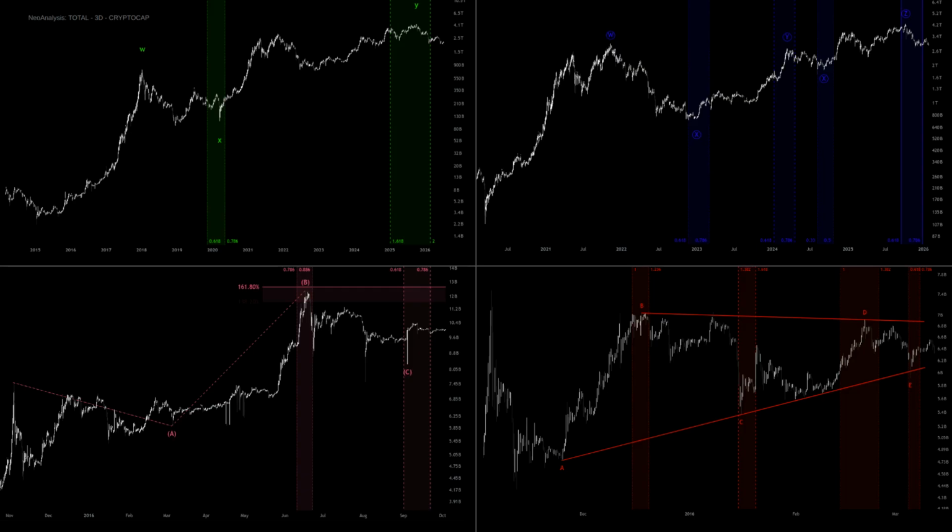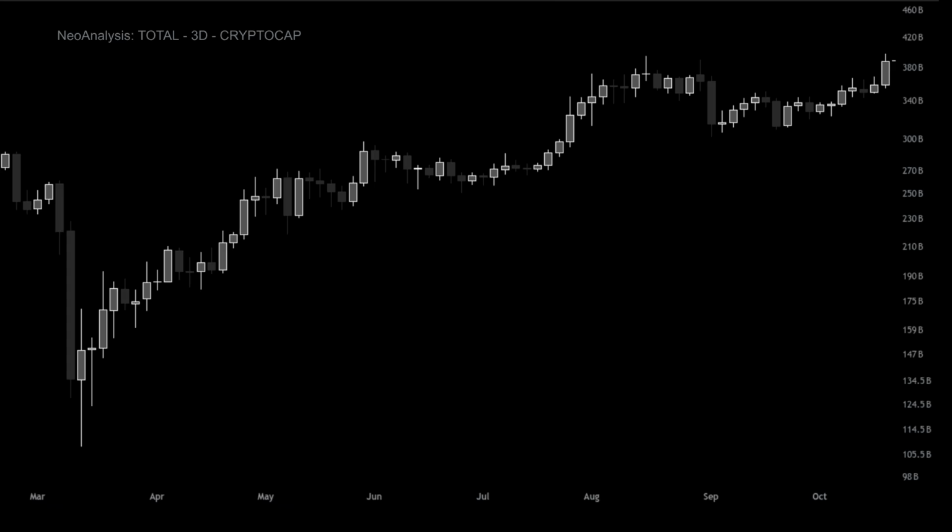It also supports the use of concise degree trees for reference. The two main degrees examined in this entry are cycle and primary. To maintain chart clarity while using this color coding system, candlestick colors have been adjusted from the conventional green, advancing, and red, declining, to white, advancing, and gray, declining.